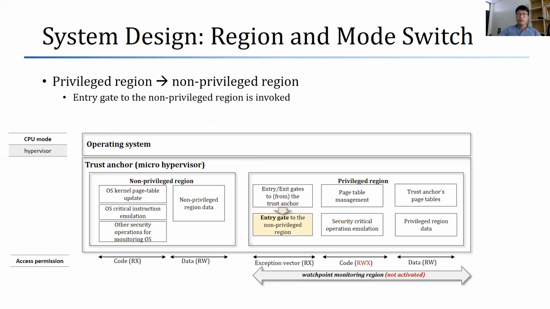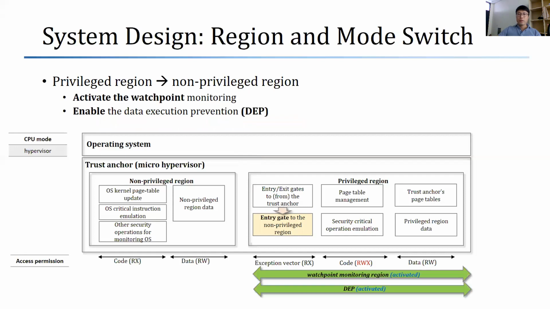To handle the requested service, the region needs to be switched to the non-privileged region. This switch is handled by the entry gate to the non-privileged region. Before entering the non-privileged region, the privileged region should be isolated from the non-privileged region.